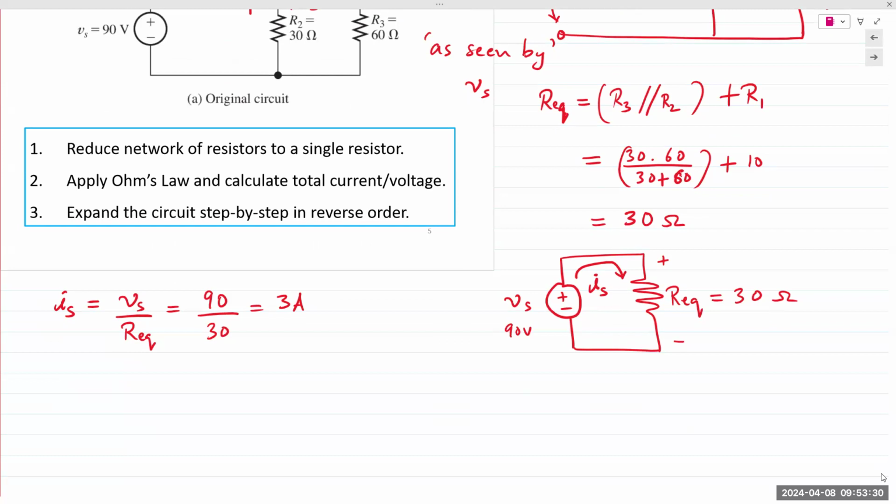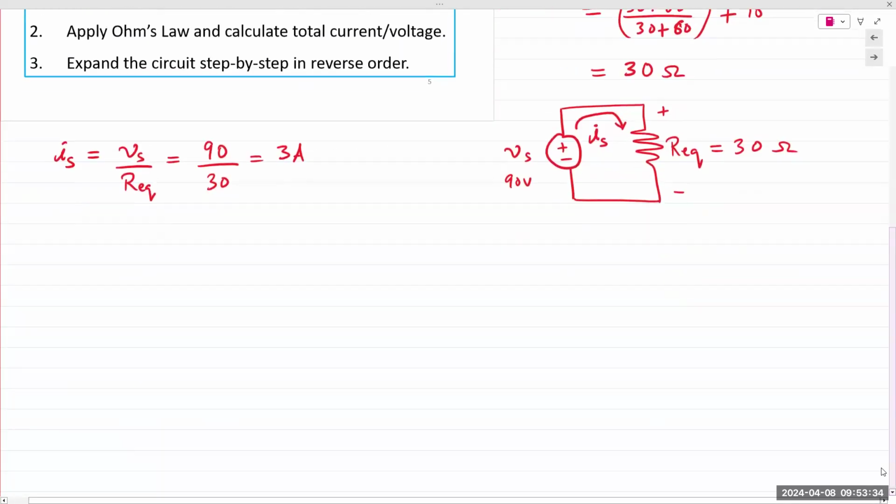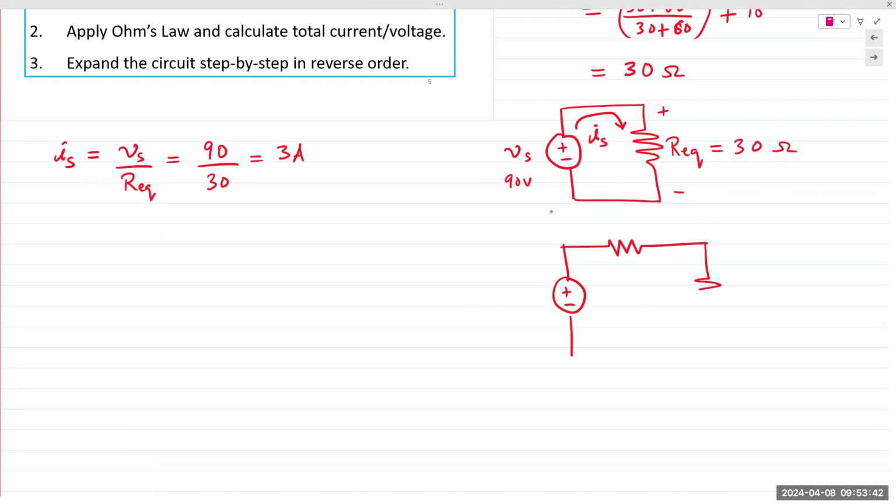Okay, so when we expand it again, this is, of course, the parallel combination. Let's call it R4. We hadn't defined it earlier, but let's call it R4.